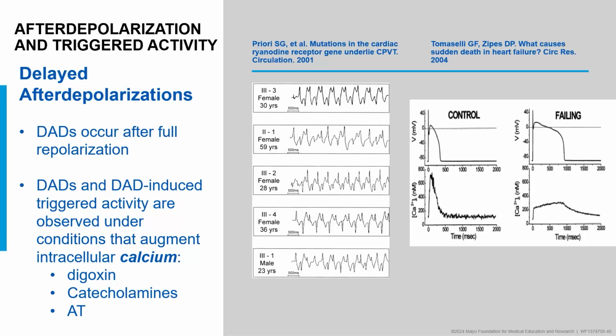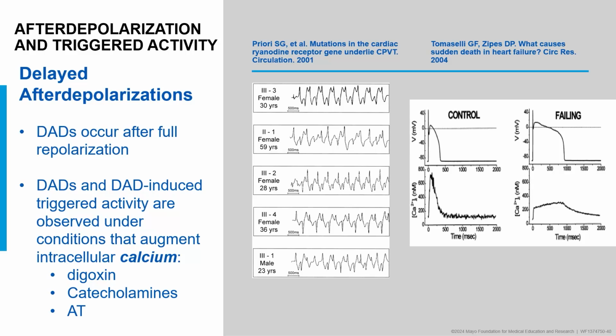Digoxin toxicity, which we hardly ever see anymore. So those are the late after depolarizations. There's calcium overload in the cells from digoxin. We've got CPVT driving this as well. And also your outflow tract tachycardias and some of the atrial tachycardias are triggered, calcium driven.